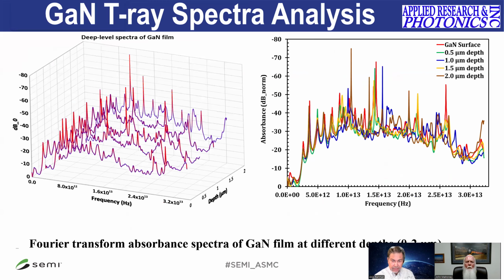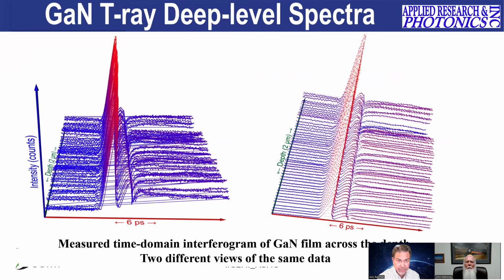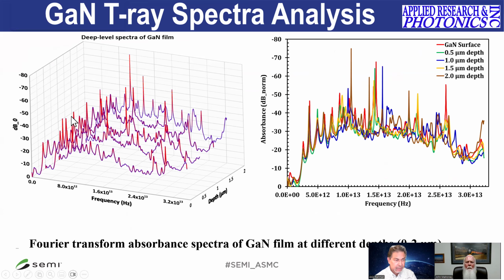So here is the depth dependence, the interferogram that I have here. From this interferogram, I have analyzed 5 of them as a function of different depth. These are all 5 separate, and these are all 5 on top of each other in the same plot. So on the surface, half micron, 1 micron, 1.5 micron, and 2 micron. All 5 spectra are here.